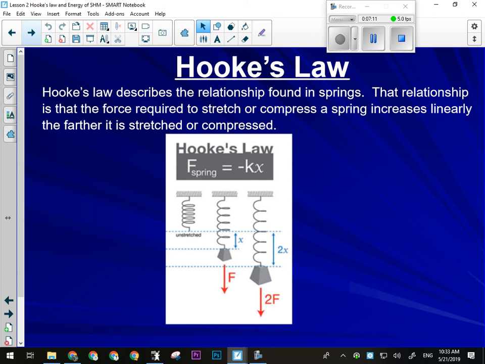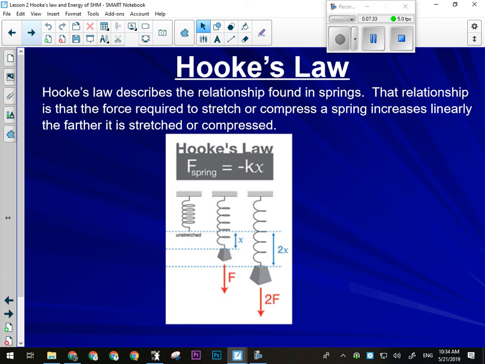If I push a spring in, the spring pushes out. If I pull the spring out, the spring pulls back in, right? So the restoring force is always opposite the displacement. That's why the negative has to be there. It makes sure that we get the right vector on our force, because force is obviously a vector quantity, right? So that's why we have the negative in there.